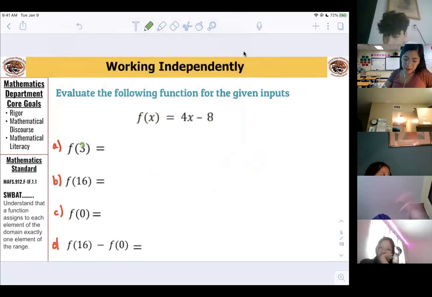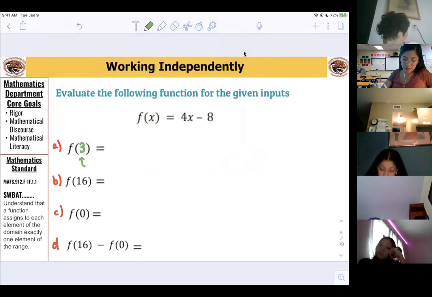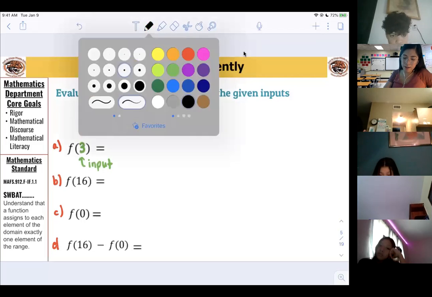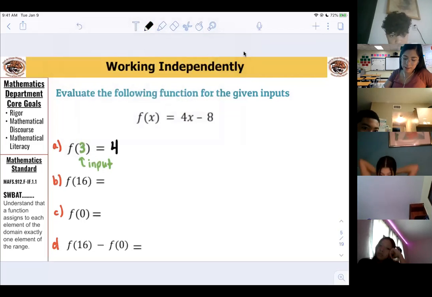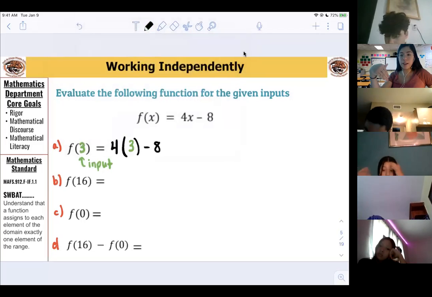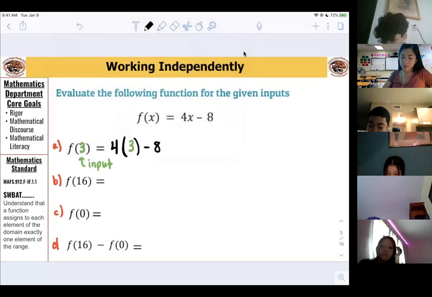They replaced the x with a 3. So what that's telling me to do is that my input is 3. So I'm going to plug in a 3 everywhere that I see an x. So 4x minus 8 becomes 4 times 3 minus 8. So I'm plugging in a 3, and I'm going to get an answer, and that answer will be my output.